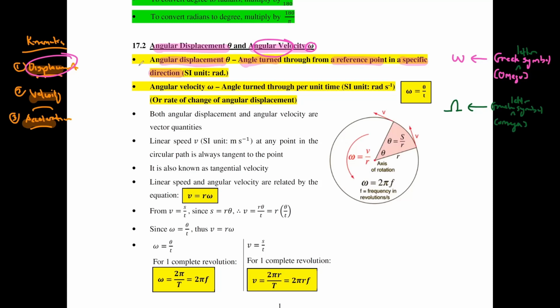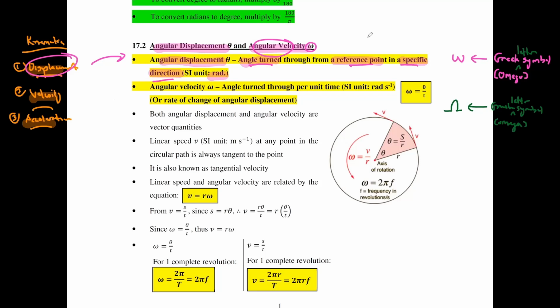So you notice the similarity in their definitions, just that they change certain terms to adapt to circular motion. Rather than saying it's distance from a reference point, they say it's angle turned from a reference point in a specific direction. Okay, you still have the mention of reference point and specific direction here. Now angular displacement is measured in SI units of radians.